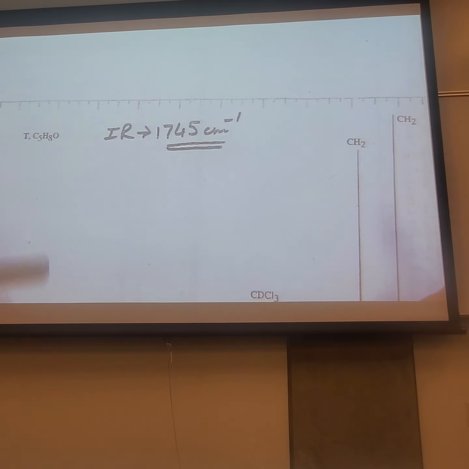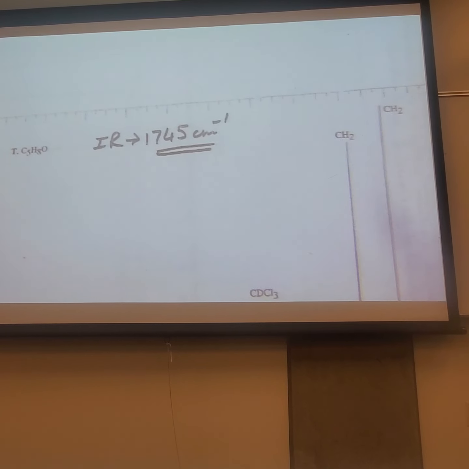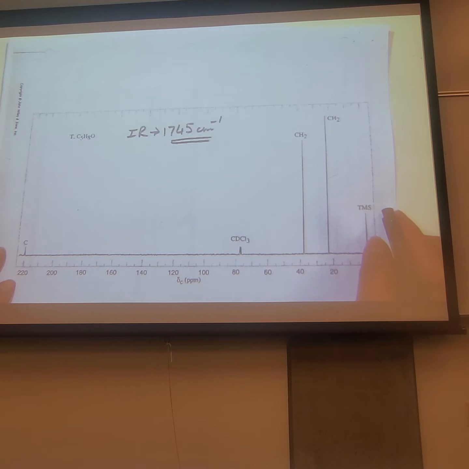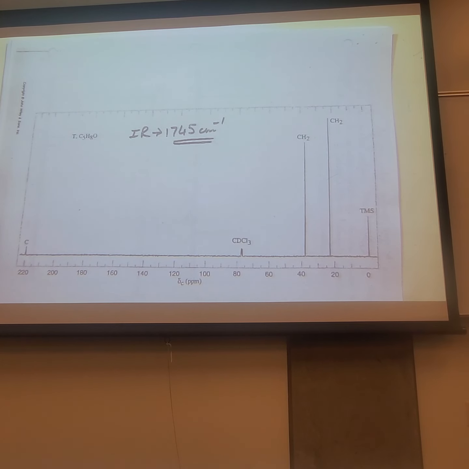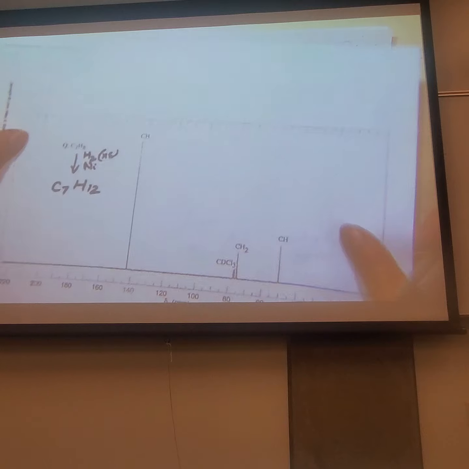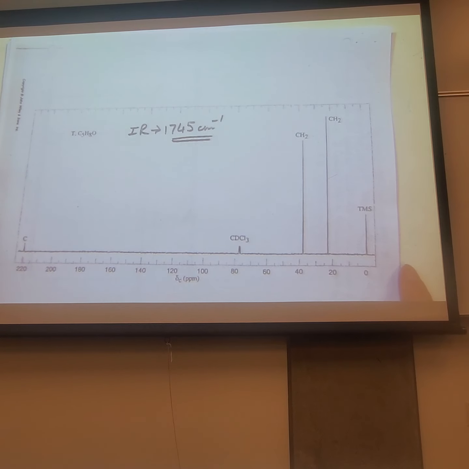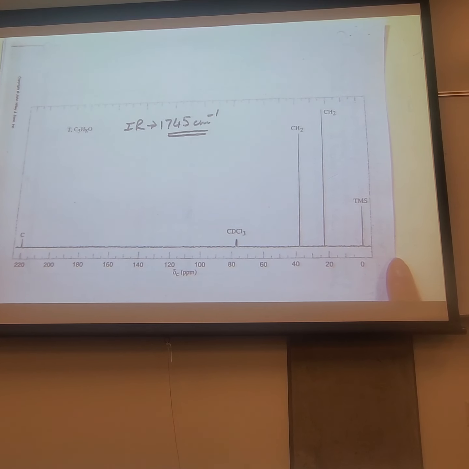Okay, let's look at the next one. What does this IR tell us? What is the significance of this IR signal at 1740? Oh, I missed it. Sorry. Can I do this one a bit later? Sure. It's very interesting actually, but let's do this first.